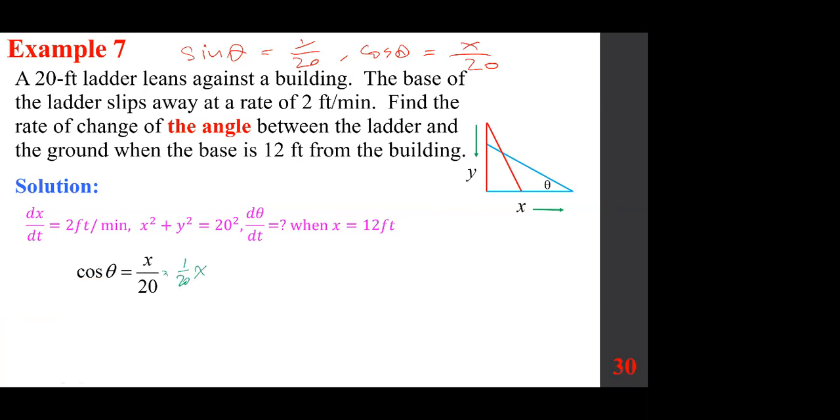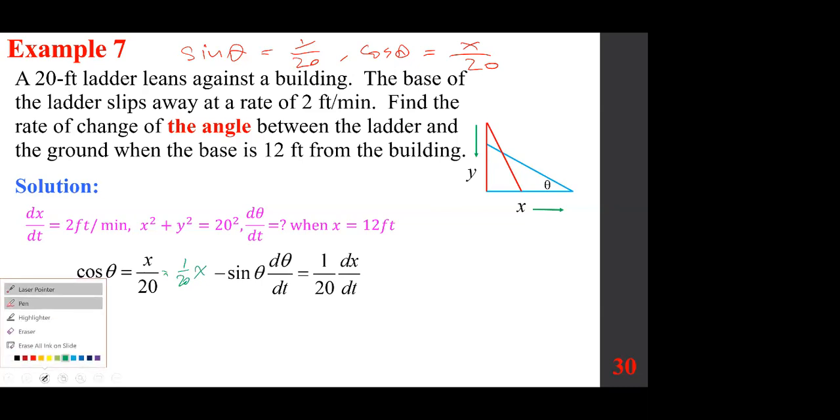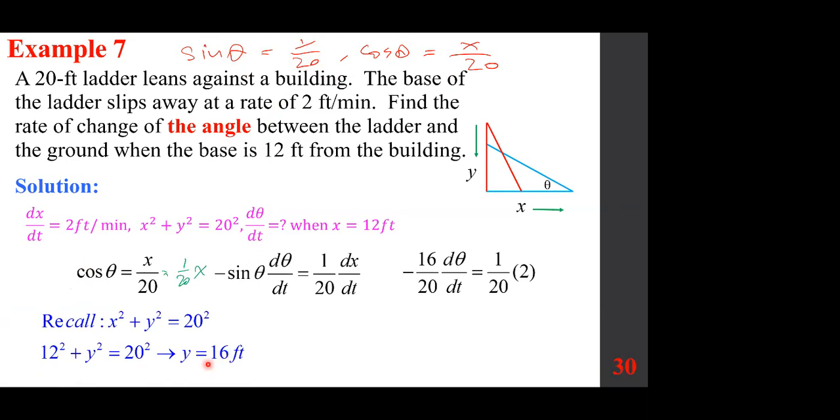So it's 1 over 20 times dx/dt. And so we have everything. Sine theta, we have to calculate using this formula. And y, from the previous page, we know it's 16. This is the previous page, class.